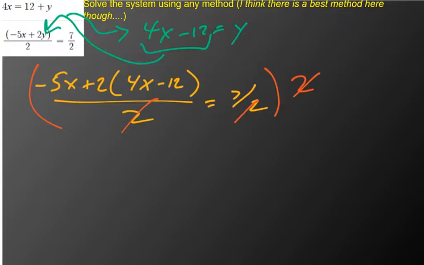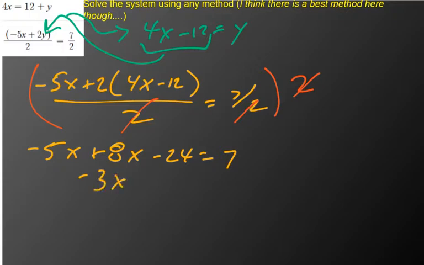Then I'm just going to distribute that 2 in. And then combine like terms, I get negative 3x. I'm going to add the 24 over. Get 31. X is going to be negative 31 over 3.